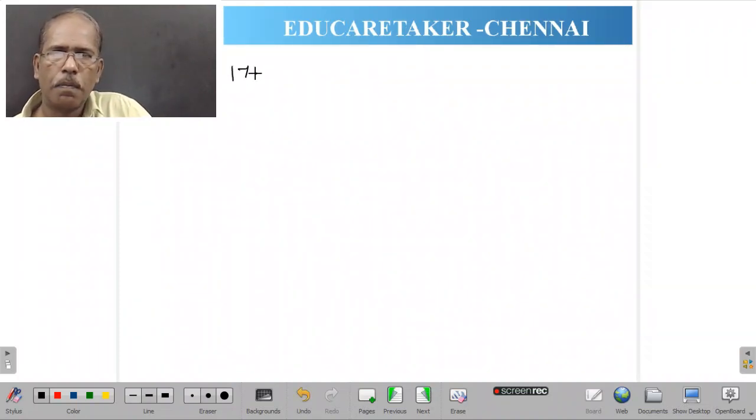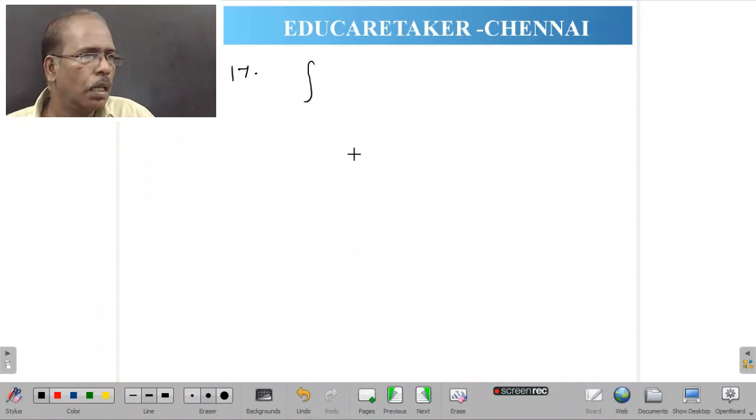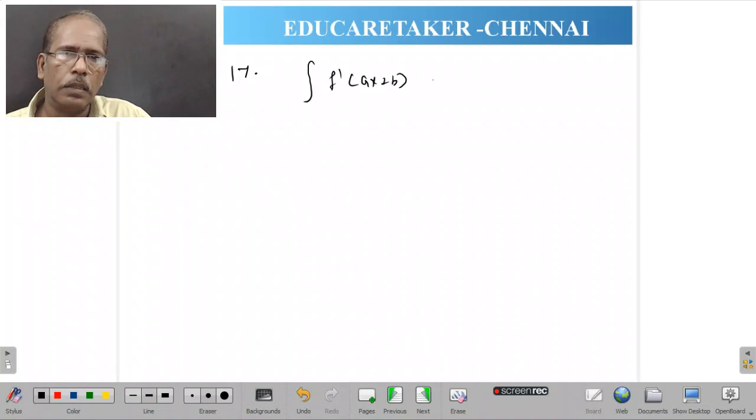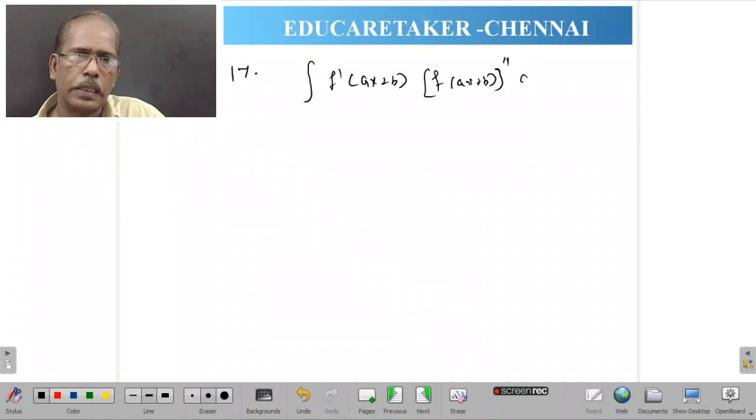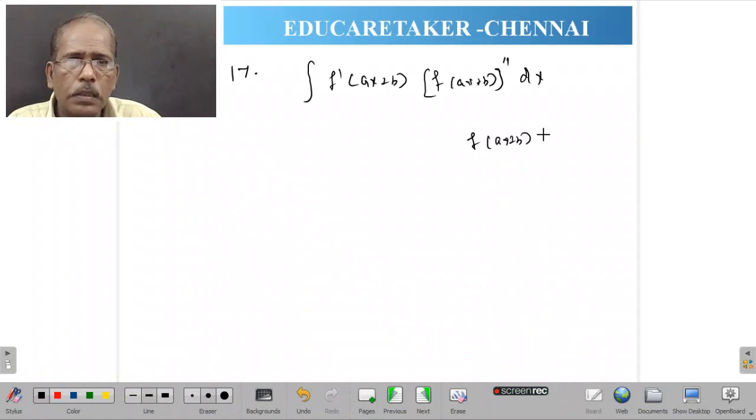It's question number 17: the integral of f dash of ax plus b into f double dash of ax plus b dx. Remember, student, f dash of ax plus b whole dash is the derivative of the first function, and the second term f double dash of ax plus b would be written as the differential of f dash of ax plus b.